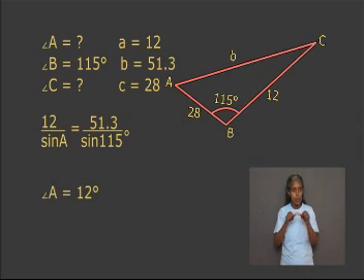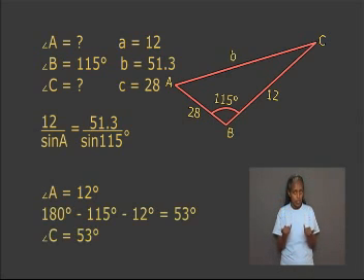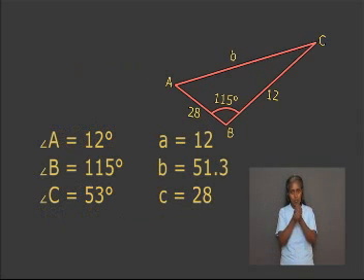Angle A measures about 12 degrees. Now it is easy to find the measure of angle C. We subtract 115 and 12 from 180 degrees and find that the measure of angle C is 53 degrees. We have solved the triangle.